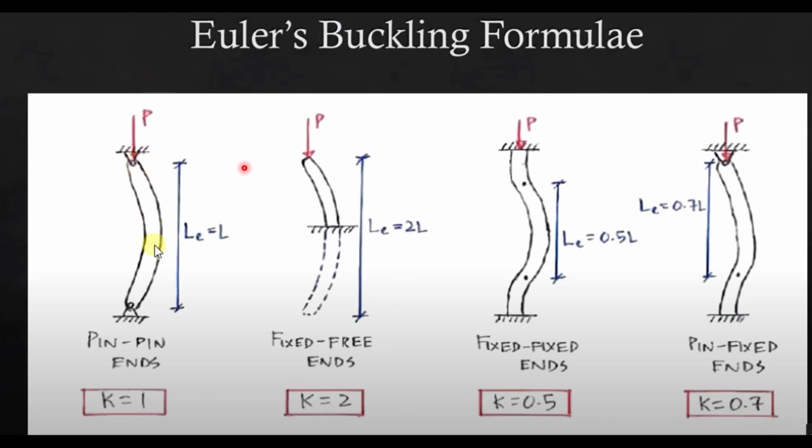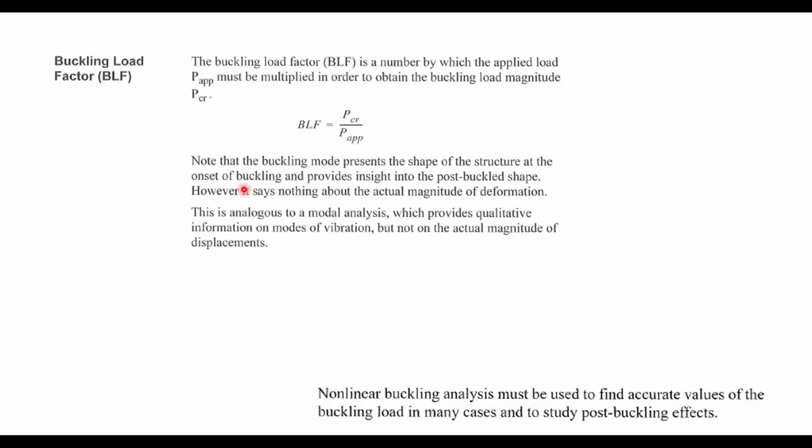Now, a very important thing is the buckling load factor. What exactly is it? The definition is the number by which the applied load must be multiplied in order to obtain the buckling load magnitude. For example, I would like to have the critical load, that is the buckling load magnitude.